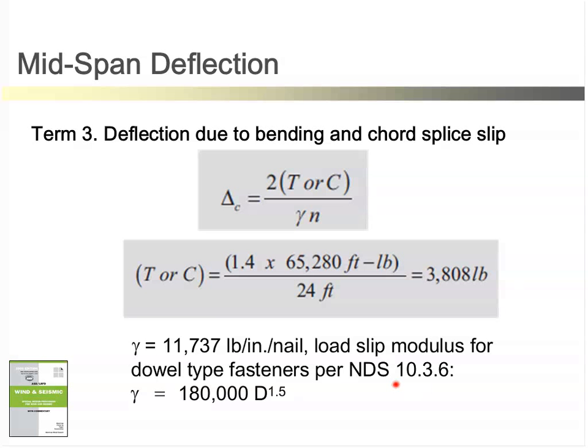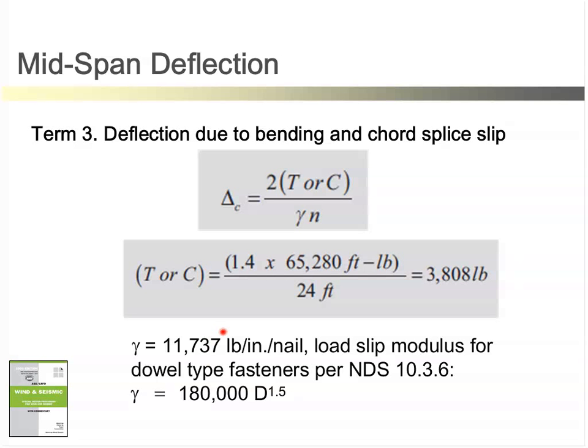It's actually part of the group action factor equation, where we define this load slip modulus for nails. In this particular case, it's 180,000 times the diameter raised to the 1.5 power. So that gives us a nail slip in pounds per inch per nail of 11,737 pounds per inch per nail. So you plug that into the equation.